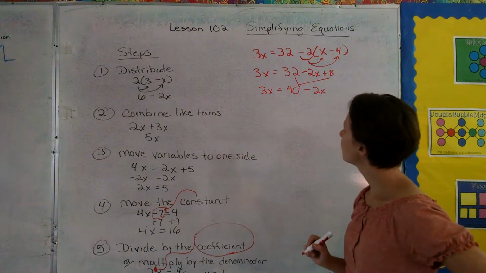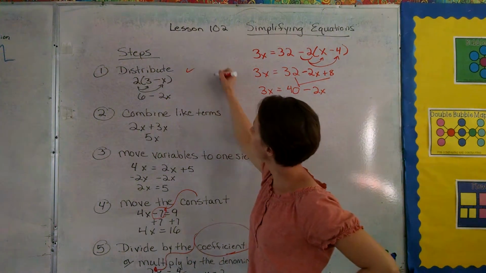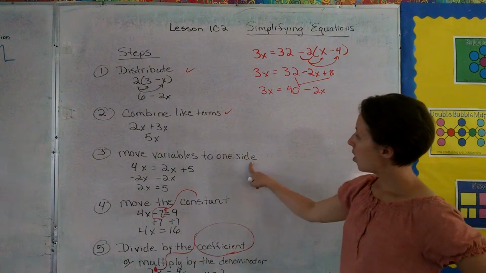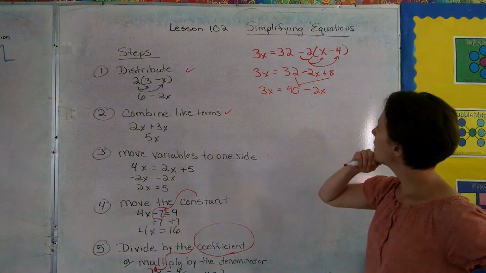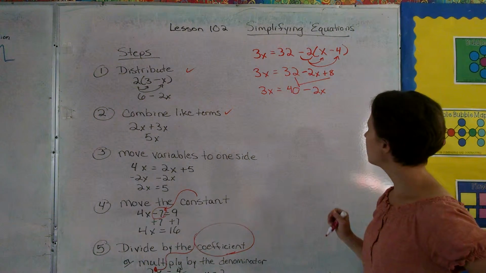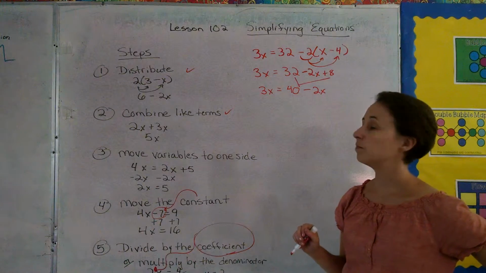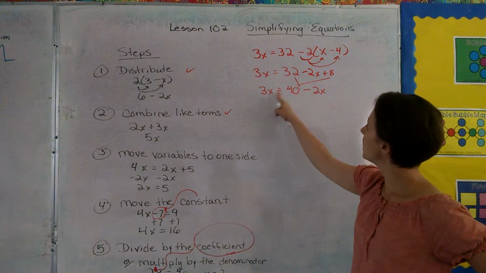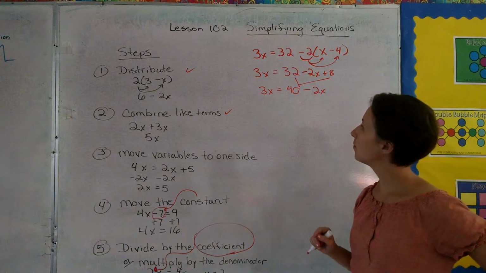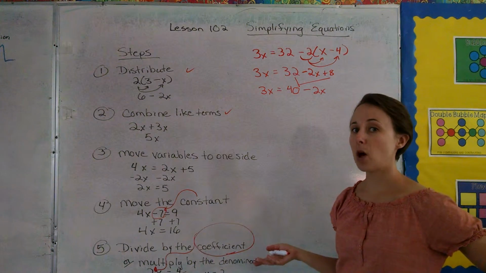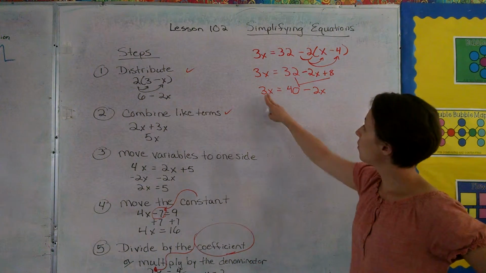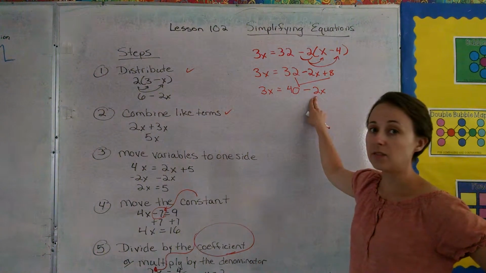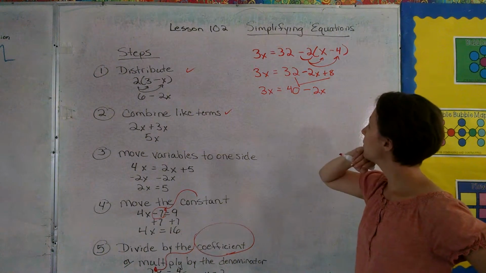All right, good. So I distributed. I combined like terms. Move variables to one side. Do I have x's on both sides of my equation? I do. I have 3 x's here and 2 x's there. I always like to move the smaller x. I know that 3 is bigger than negative 2, so I'm going to move this one.